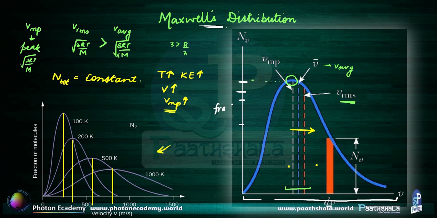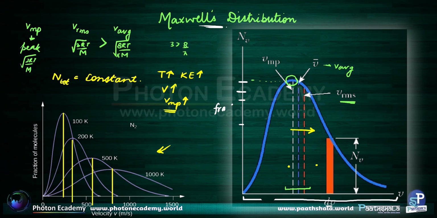So what is happening is that as the temperature increases, the peak of the curve shifts. However, since the number of particles, that is the integration under the curve, has to remain a constant, the curve also flattens because it shifts a bit forward to keep that integration under the curve constant.